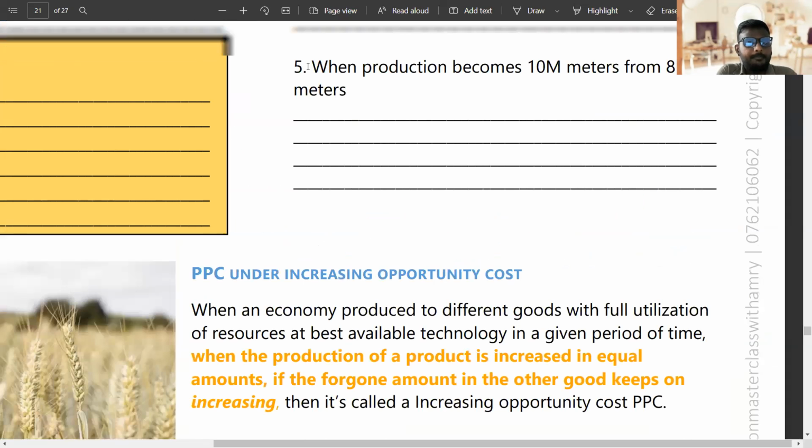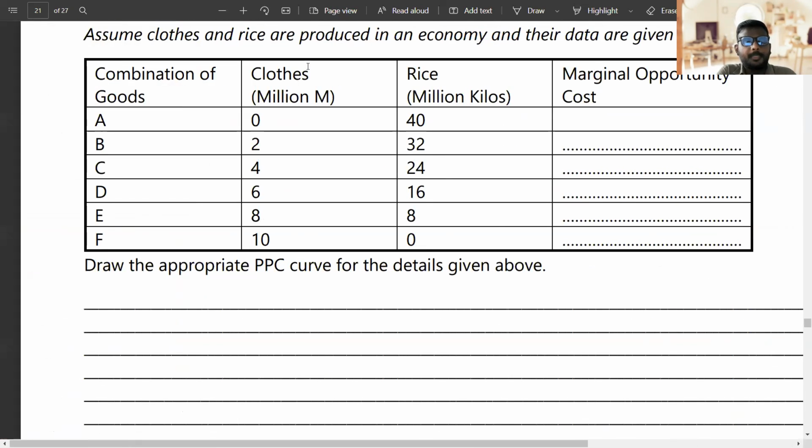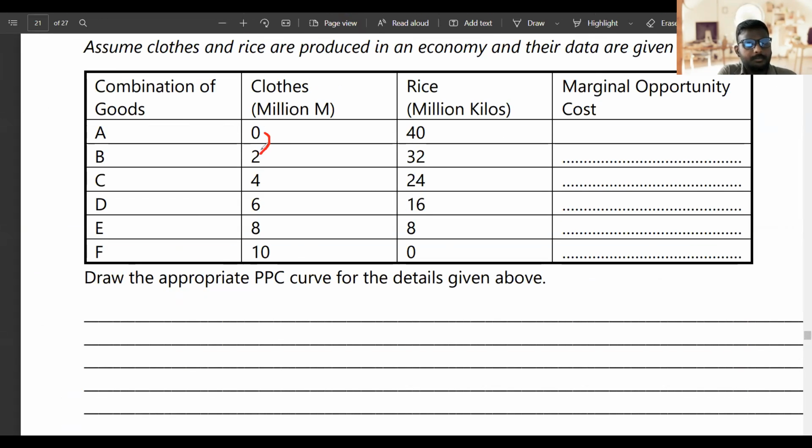If you go up to constant opportunity cost, here you can see clothes production goes up by 2 units, but in rice you are seeing an 8 unit drop. Then again another 2 units increase in clothes production, and again an 8 unit drop.